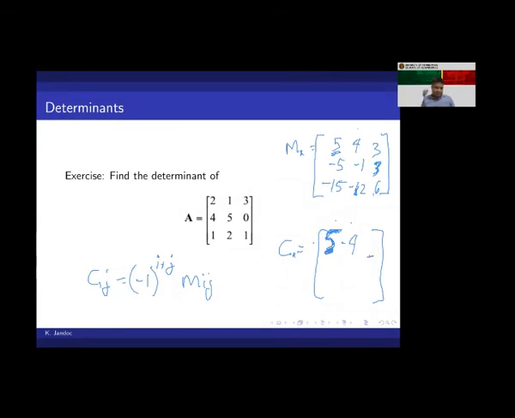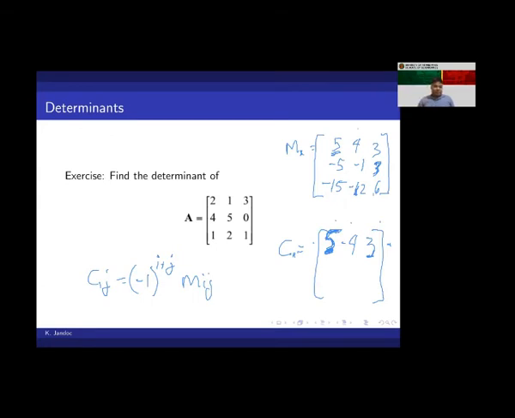This entry over here is 3 times negative 1 raised to, this is the first row, okay, and the third column. So 1 plus 3 is 4. So negative 1 raised to 4 is positive 1, okay? So the sign remains. So what you notice is that for addresses i plus j that sum into an even number, the signs don't change.